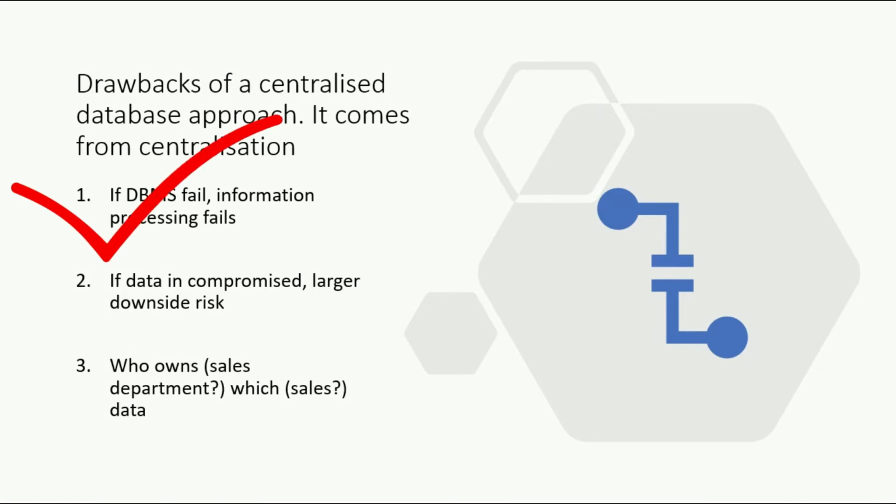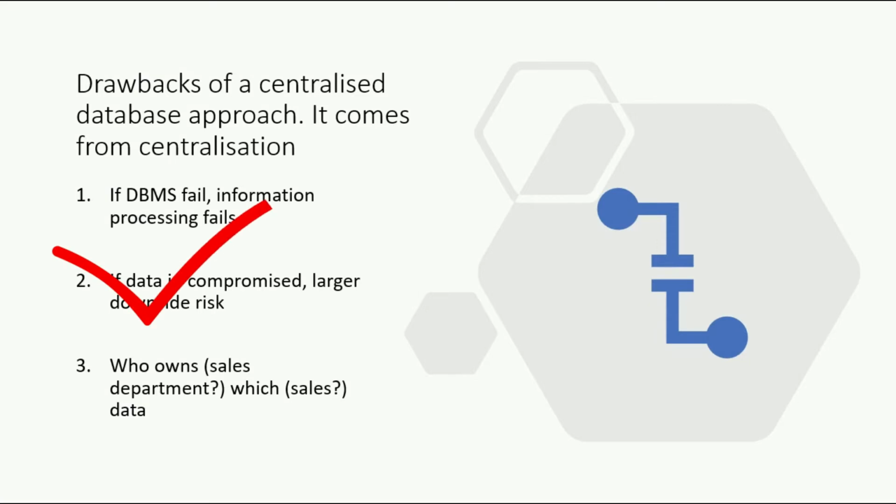First is, if the database management system fails, it affects a greater part of the enterprise, because the central database of relational database relies for data on this database management system, and then the processing also can be affected because it cannot accept data from the process. Data is compromised, there's a larger downside risk.